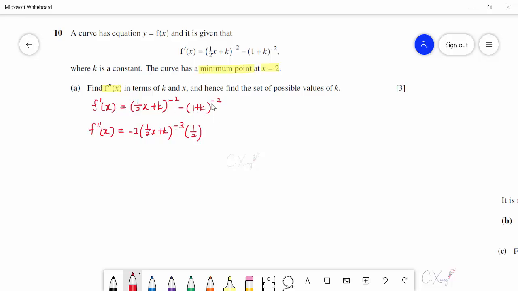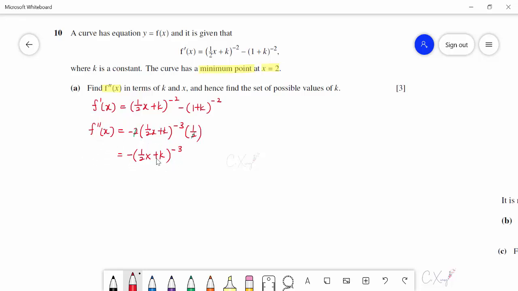So when you have 4 power negative 2 or 5 power negative 2, any number, when you differentiate it, you will get 0. So this whole term at the back will be 0. So my f prime prime x will be something like this, and I wish to further simplify it. If I further simplify it, it will look like negative 1 over (2x plus k) power negative 3. So this is my f prime prime x in terms of x and k.